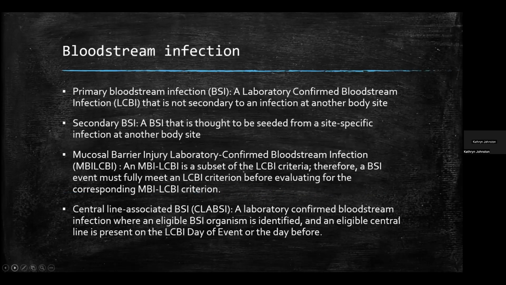So there are three types of bloodstream infections: primary, secondary, and mucosal barrier injury laboratory confirmed bloodstream infections. And this last one, the mucosal barrier injury, this is limited to patients who meet one of 2 very specific criteria and do not apply to the general population within the hospital.